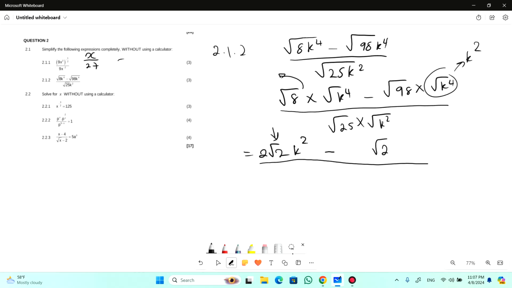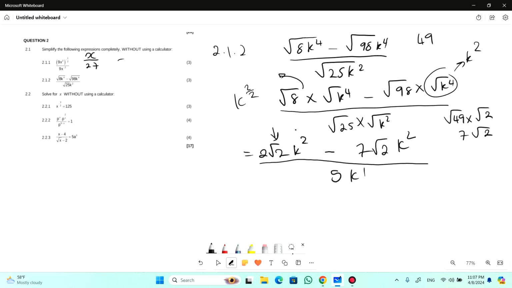Now 98 divided by 2 is 49, so I can say 49 times the square root of 2. The square root of 49 is 7, so I'll have 7 square root of 2 k squared. Then at the bottom, the square root of 25 is 5, and k^2 over 2 is k^1.